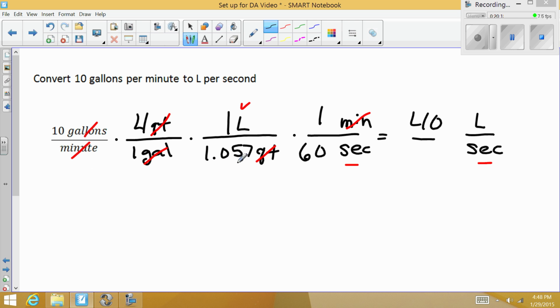And 1.057 times 60, 63.42. And then doing the division then, 0.63 liters per second is equivalent to a rate of 10 gallons per minute.